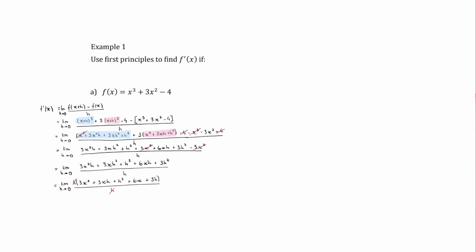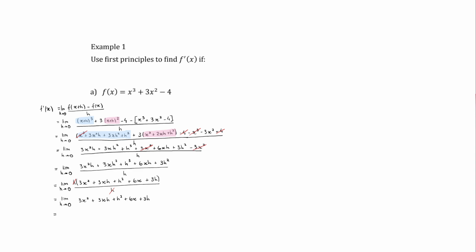So now the h that we factored out will cancel out with the h in the denominator. And I am going to be left with the limit as h approaches 0 of 3x squared plus 3xh plus h squared plus 6x plus 3h. And so now this is where I can directly evaluate the limit.